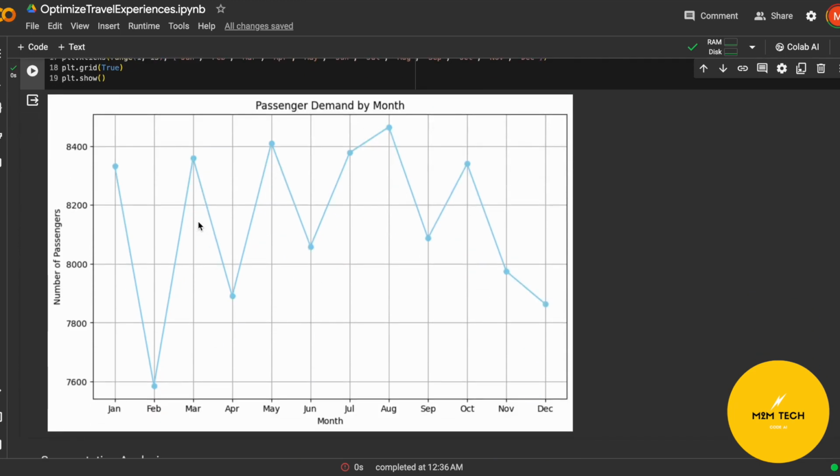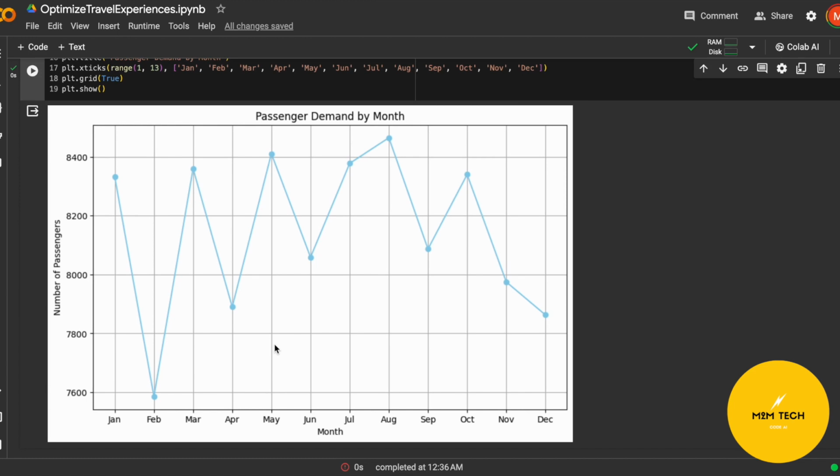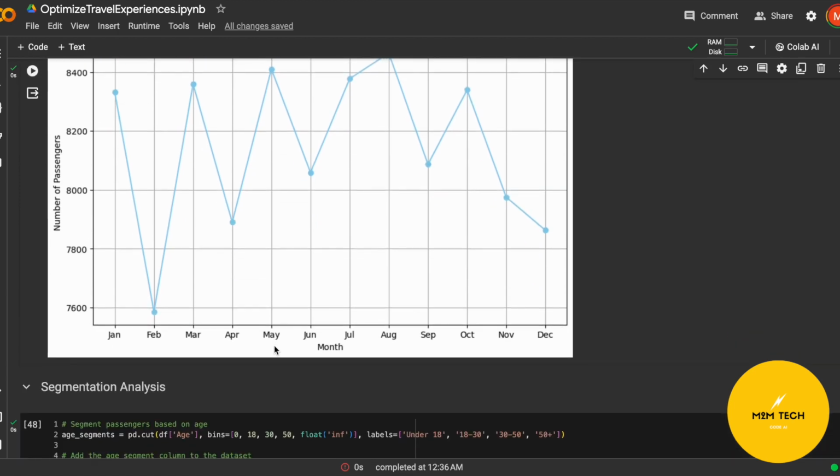So this gives me a good picture of the passenger demands by month, and we can see that there's a huge drop in Feb, and also the peak is in August. So this gives us a little information about seasonality as well. So this was an interesting graph, very informative.